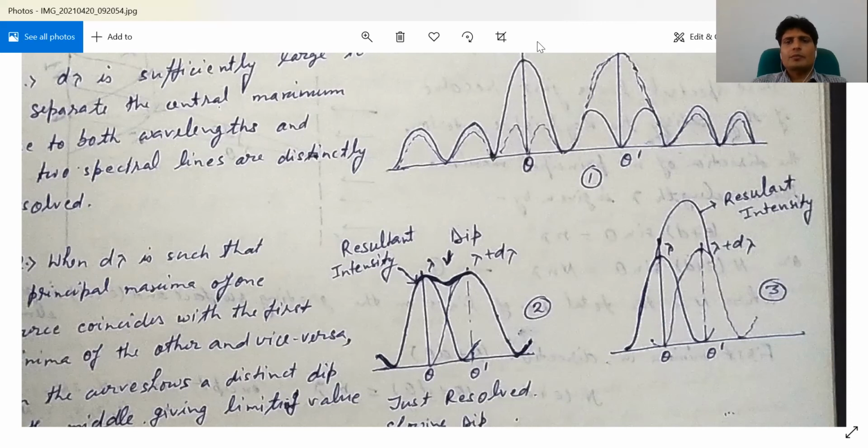So this is all about the resolving power of a diffraction grating and Rayleigh's criterion of resolution. This experiment is also a part of the laboratory course in BSc optics.